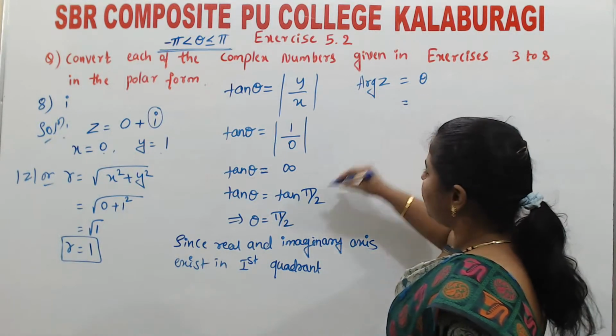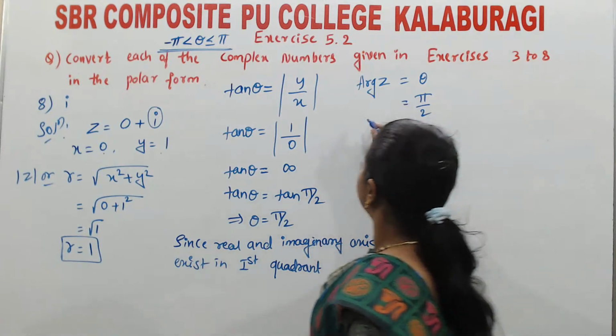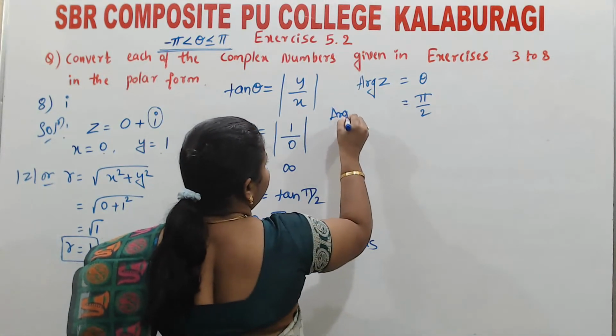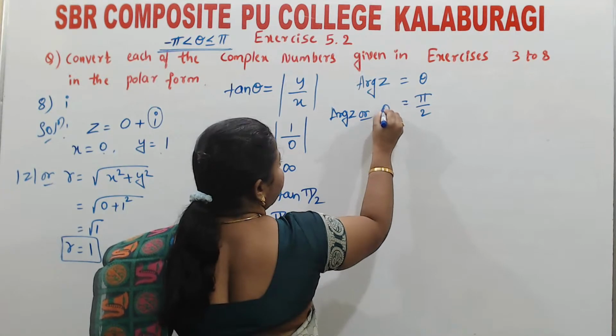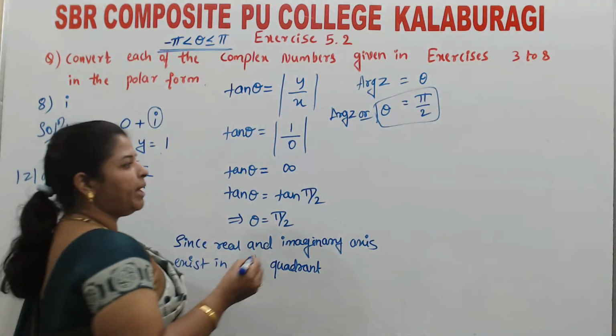What is the value of theta? Theta is pi by 2, right? Argument of z, or we can also say the principal value of theta, is equal to pi by 2.